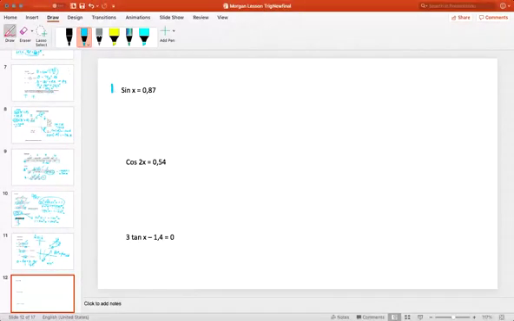So if we look at the first example, we've got sine x is 0.87. So the first thing we do is we find our positive reference angle, which will be sine to the minus 1 of 0.87. So we land up with the following. So again, on your calculator, you press shift, sine 0.87.